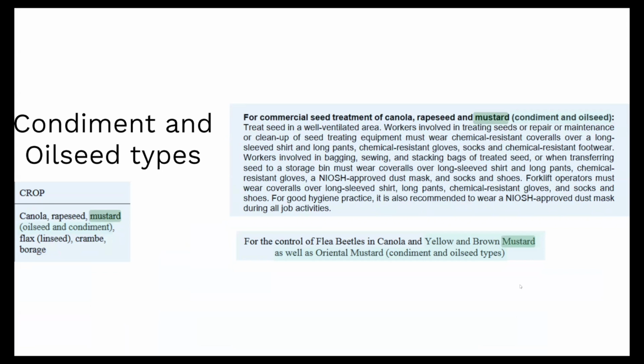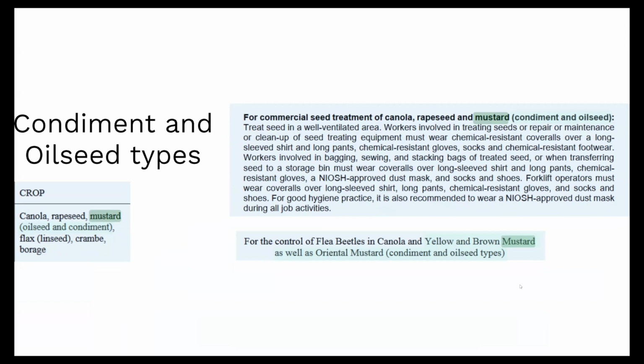And then I went into other labels and I'm getting condiment and oilseed. This one says seed treatment to canola, rapeseed, and mustard, including condiment and oilseed types, which includes crop group 20 and crop group 26.